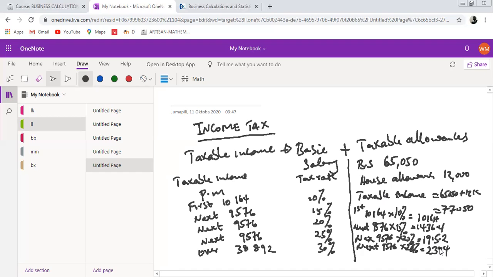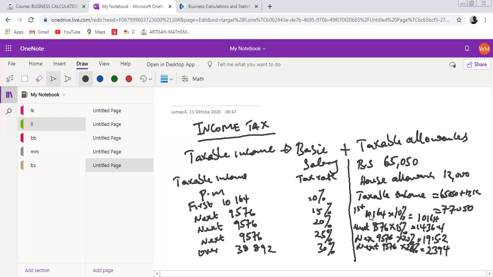Now you are told anything that is above 38,892 we tax at 30%. What is above this? Remember, the taxable income is 77,050. And how much have we taxed?